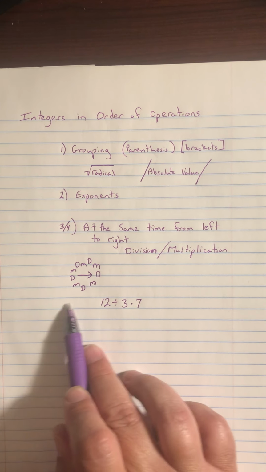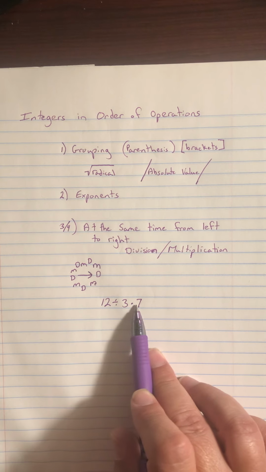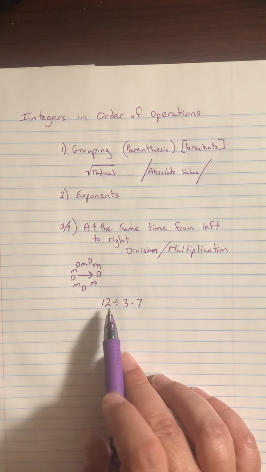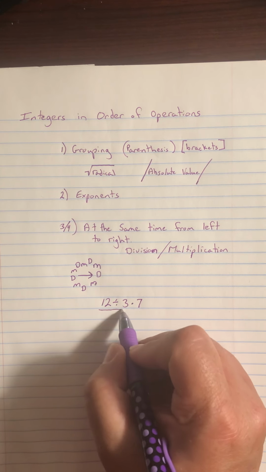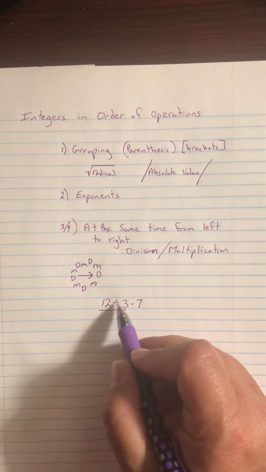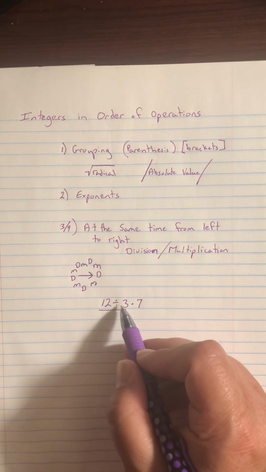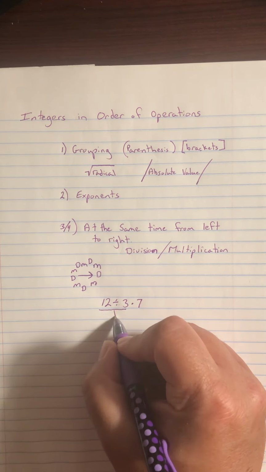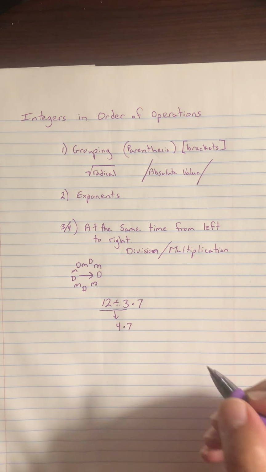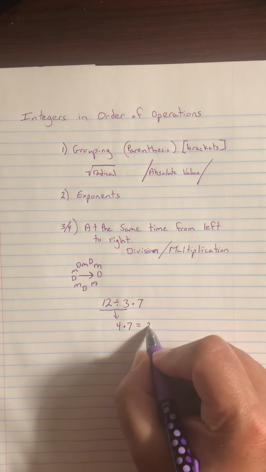Here's the left hand of my page. I'm reading it just like a word or a number, from the left to the right. The first thing I get to is the division. I have to do that division first. 12 divided by 3 gives you 4. And now I have my times 7, which will give you 28.